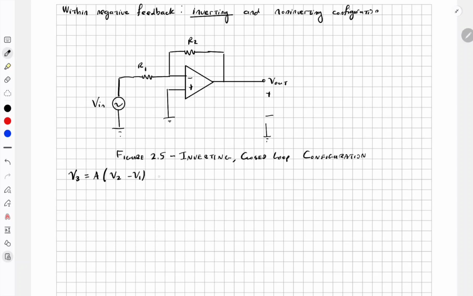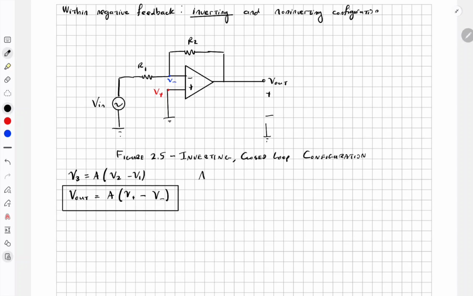Actually, it's better that we call it V out is equal to A times V plus minus V minus. The voltage here is called V plus, and the voltage here is called V minus. So V out equals A times (V plus minus V minus). This still holds from before. Nothing has changed here.